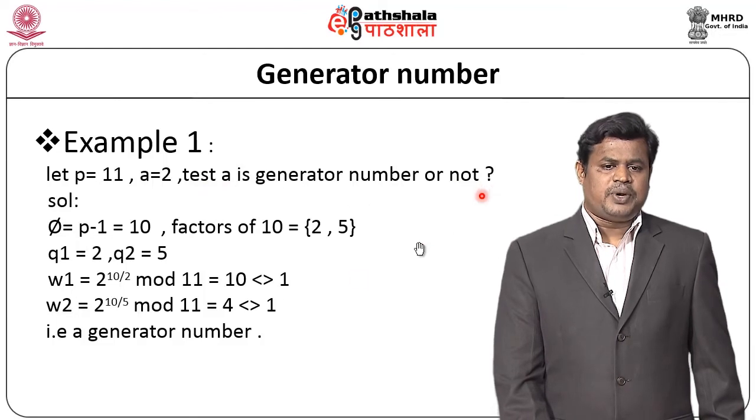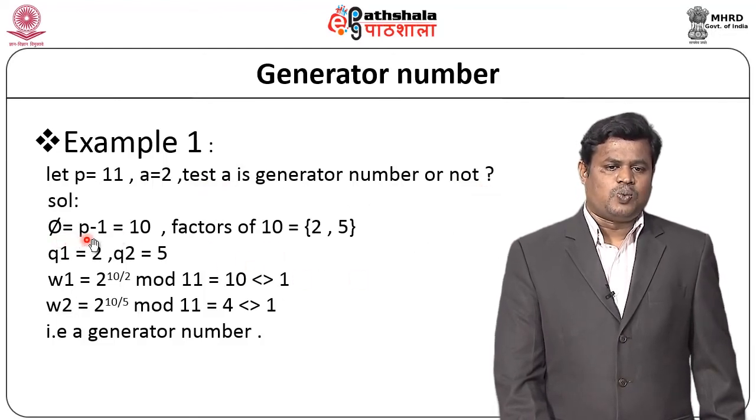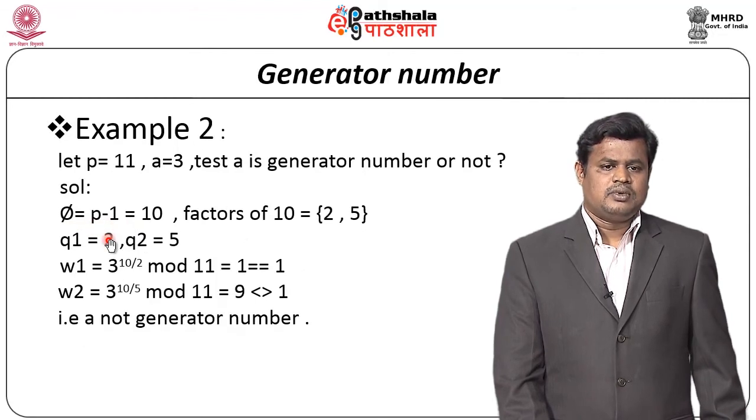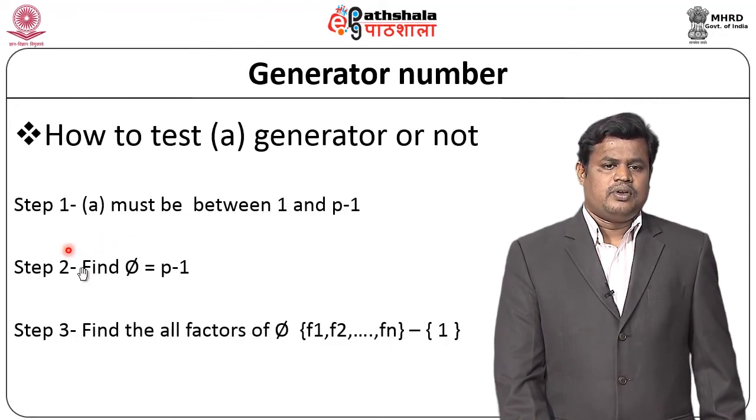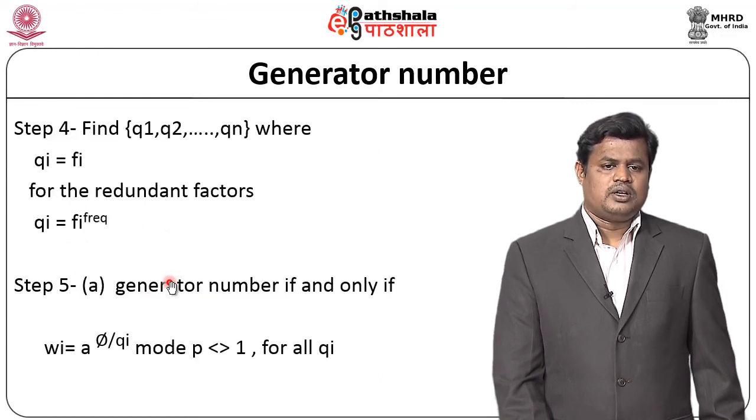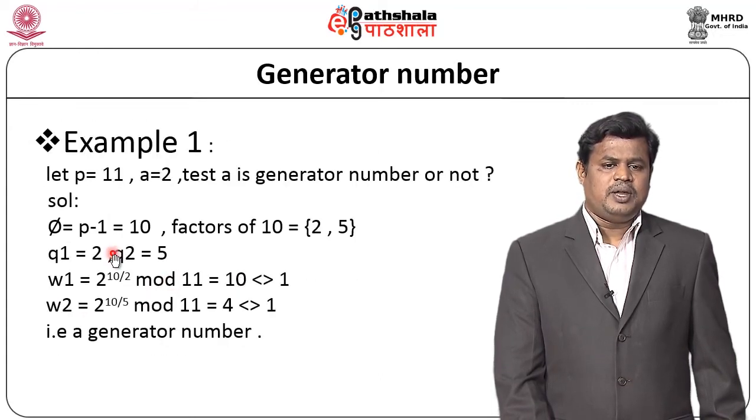Based on the previous step, I need to find phi of p, that is p minus 1, which is the second step. Here phi of p is 10, and the factors of 10 are 2 comma 5.